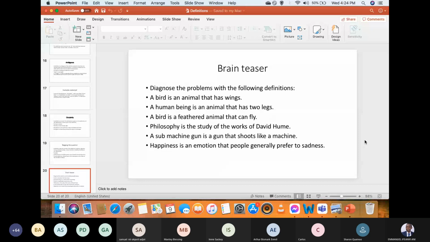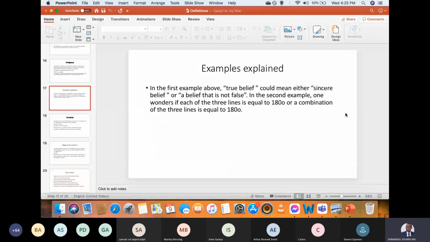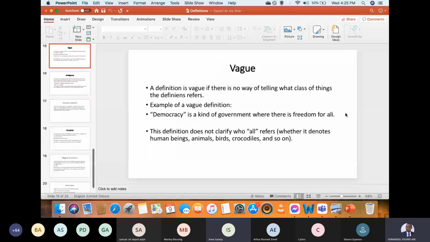That is, a vague definition does not put the definiendum in a class.